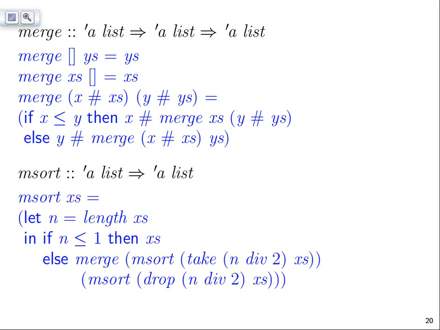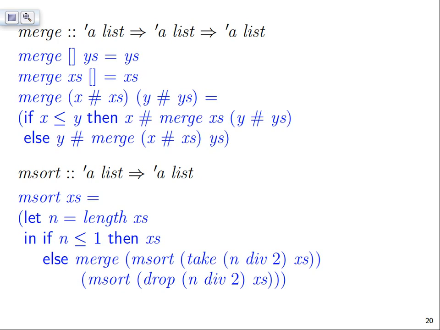And how is it defined? Well, if you have a list of length 0 or 1, then it's just the list itself. And otherwise, you have a recursive call of merge with two sublists. Namely, X is the input list, and you take the first n div 2 elements.